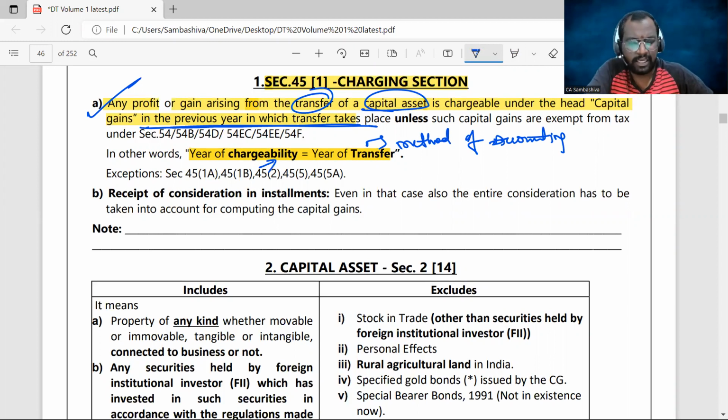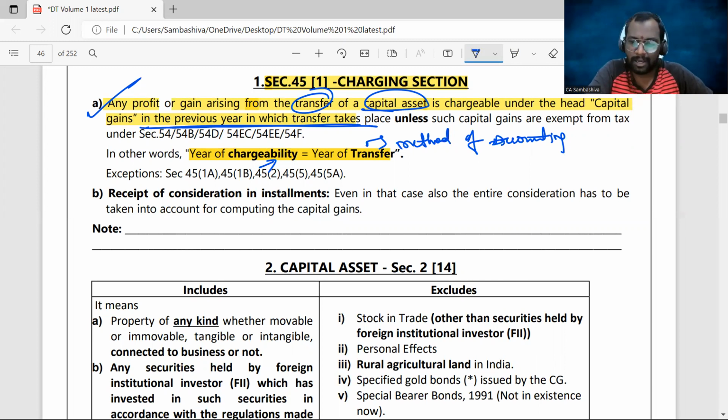Even under the head income from house property, we studied the same method of accounting. The method of accounting applicable is the accrual basis, but we have an exception there. Can anyone tell me what that exception is? Municipal taxes paid. Municipal taxes are allowed as deduction only on payment basis. Even though the method of accounting for that chapter is accrual basis, for municipal taxes the deduction is allowed only on actual payment.